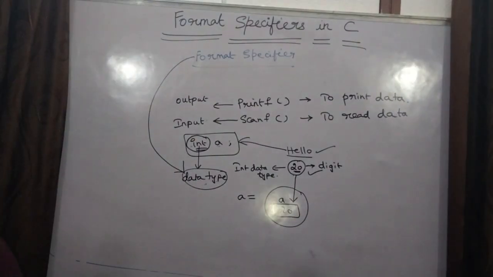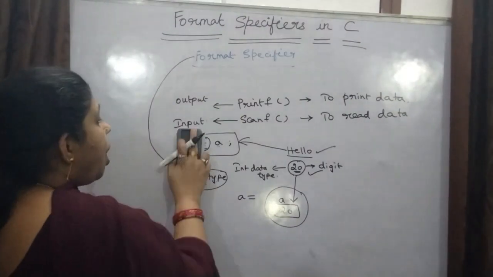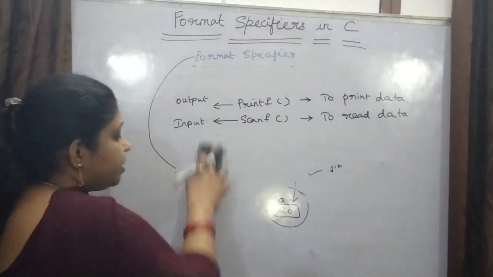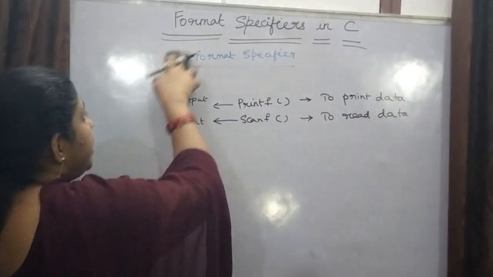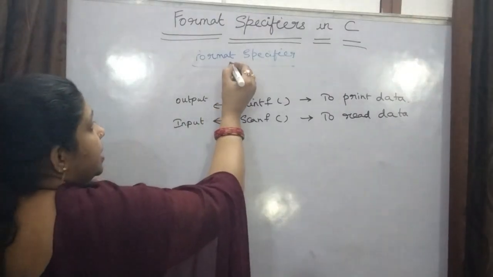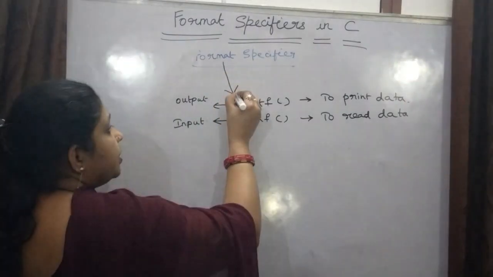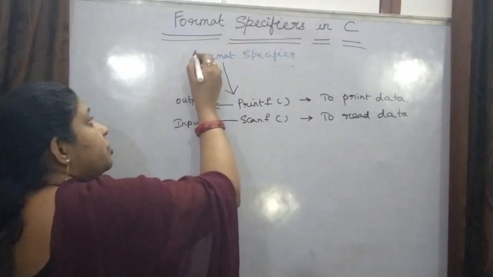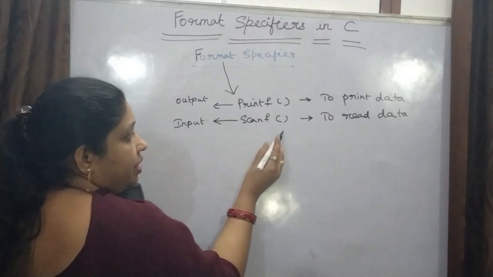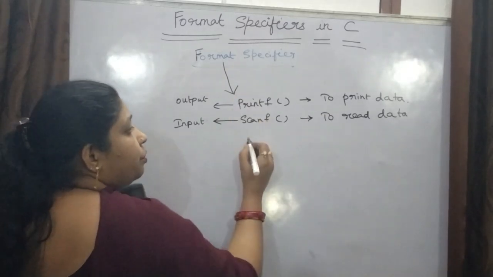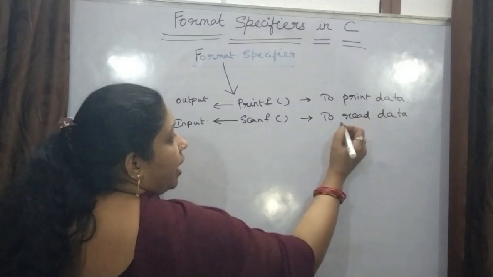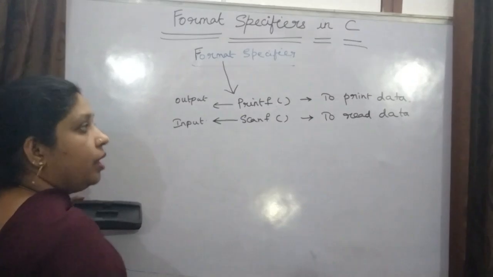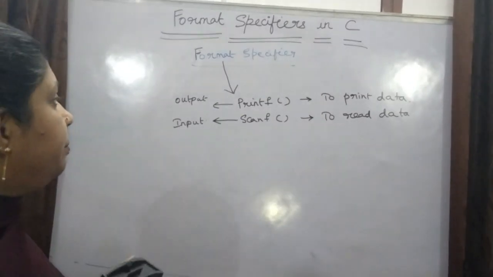You might get some doubt how they are dependent on the data type. First of all, format specifiers are used for the printf function and the scanf function. That means to print the data and to read the data, these format specifiers are used. Now I will tell you.